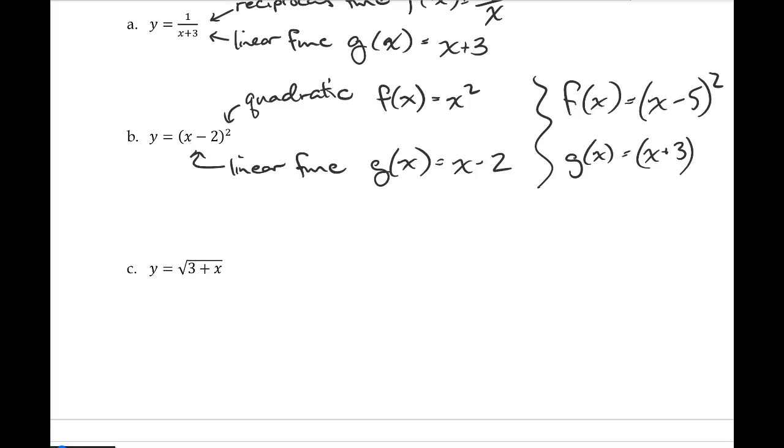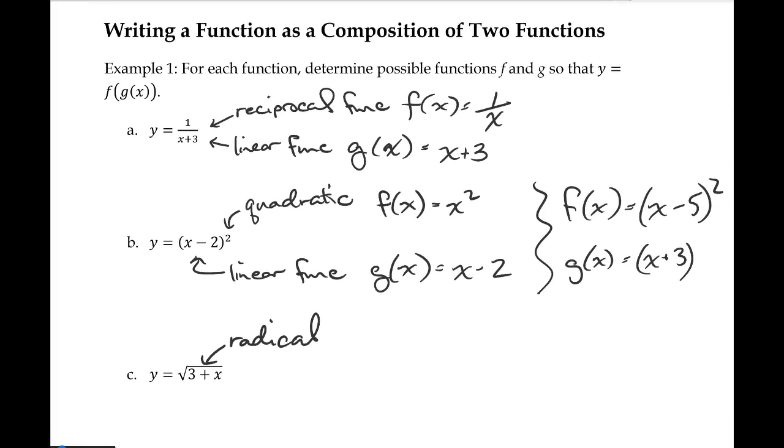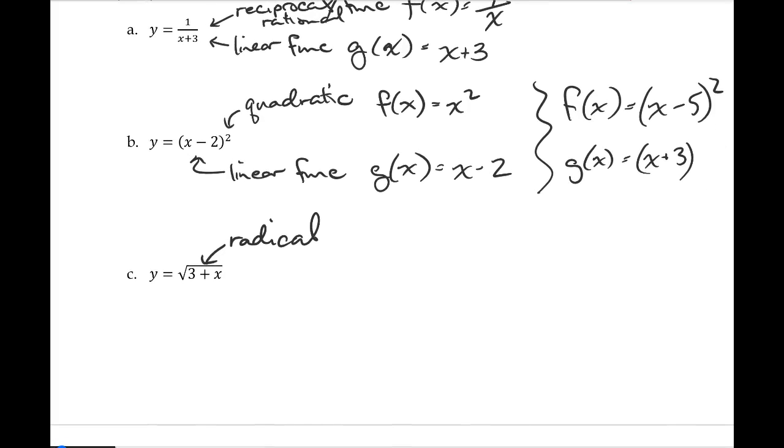And if you didn't pause it, then you're sticking with me. Here, again, that square root sign shows up, I know I'm dealing with a radical. I'm sorry, reciprocal, another word would be rational. Okay, so radical, and within my radical, again, I'm dealing with a linear function.